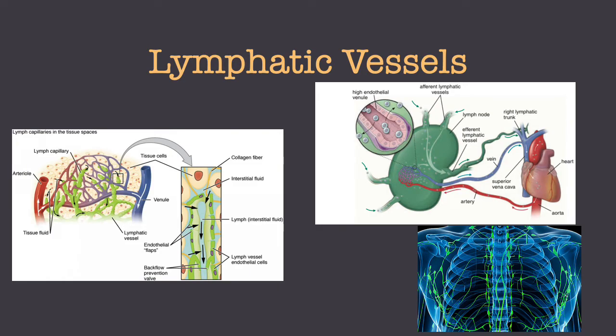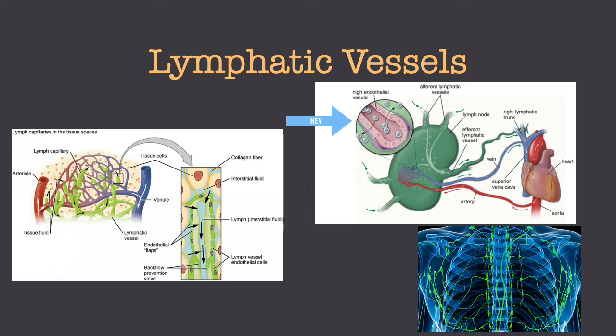We now move on to the lymphatic vessels. Lymphatic vessels drain fluid and larger molecules from the extracellular spaces back into the circulation. Lymphocytes in the lymph enter the lymph nodes through afferent vessels, while those in the blood enter through postcapillary venules, or what we call the HEVs, high endothelial venules.